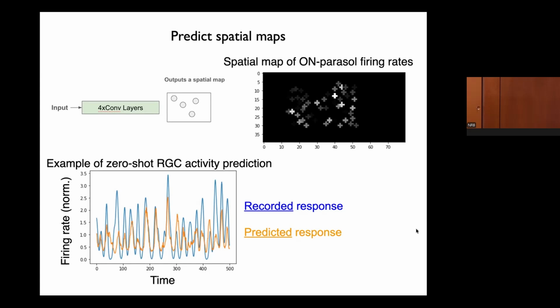The blue doesn't match the orange. The second thing, which encouraged me when we started to see results like this, is that they were at least relatively correlated. So the model predictions tend to go up when the real ganglion cell activation goes up. And so it's not quite as hopeless to do this cross-individual generalization as it might have initially seemed.